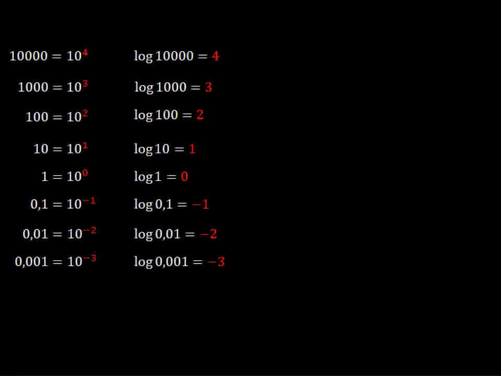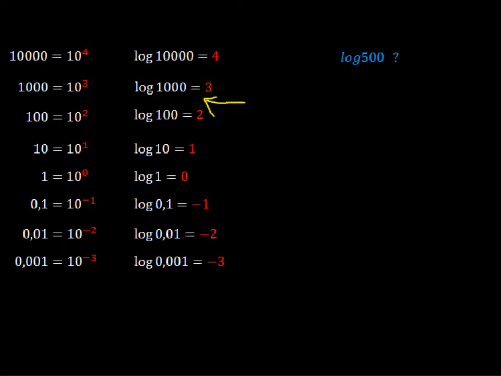And so on. All right, let's see if we can get a feel for where the log of 500 will be. We can think like this. We say, well, 500 is less than 1,000, but more than 100. Therefore, it is logical to assume that we will find the answer somewhere between 2 and 3.